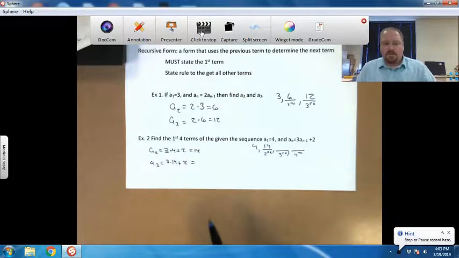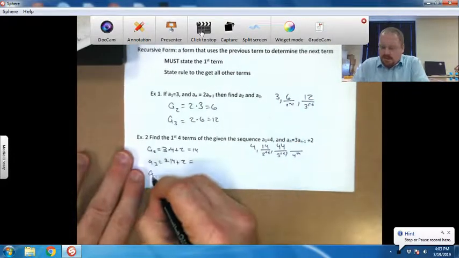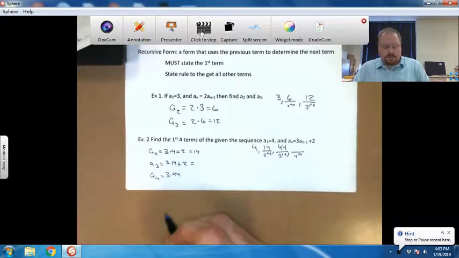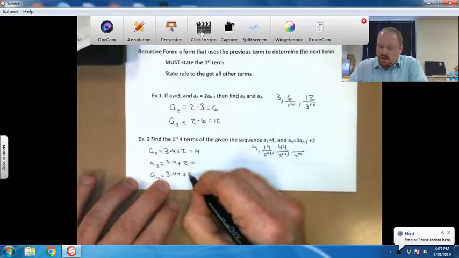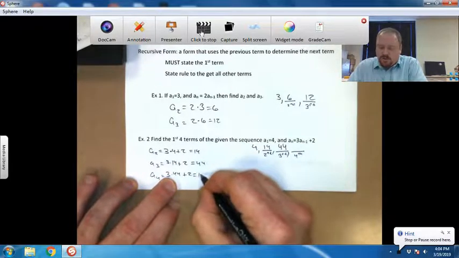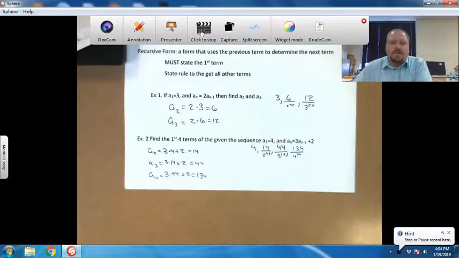Well, 3 times 14, that's 42, plus 2 is 44. To get a sub 4, I'm going to do 3 times 44 plus 2. And that gives me 134. And those are the first 4 numbers in my list.